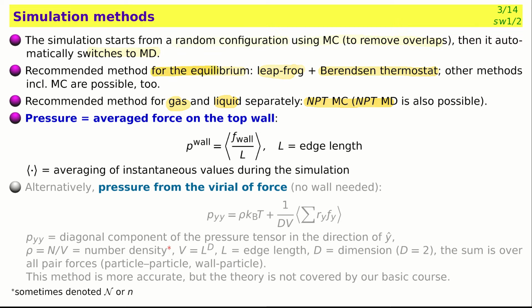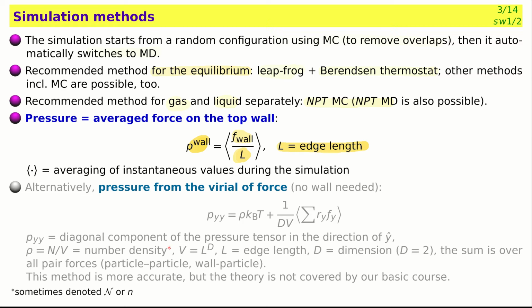In the equilibrium calculations, we use pressure, which is defined simply by the average force acting on the top wall, divided by the edge length. Note that we have a 2-dimensional system, so that instead of area here we have the edge length, and this is the pressure.